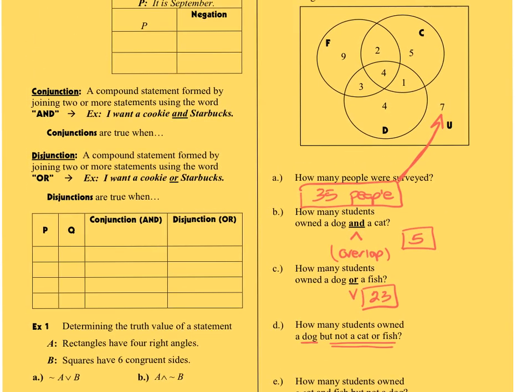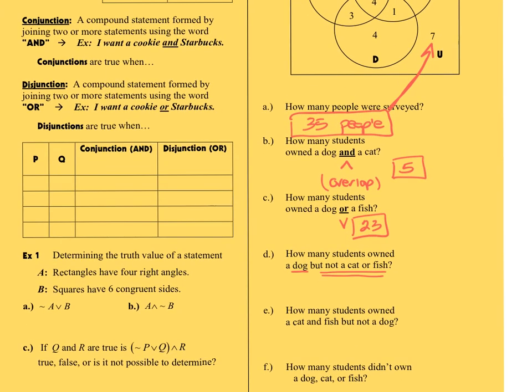We're going to find that whole dog circle, but we don't want to count anything that was cat or fish. So this is inside the fish, this is inside fish and the cat, this is inside cat. We don't want to count any of those. We want just the one that's solely in the dog circle all by itself. So that's going to be our 4.